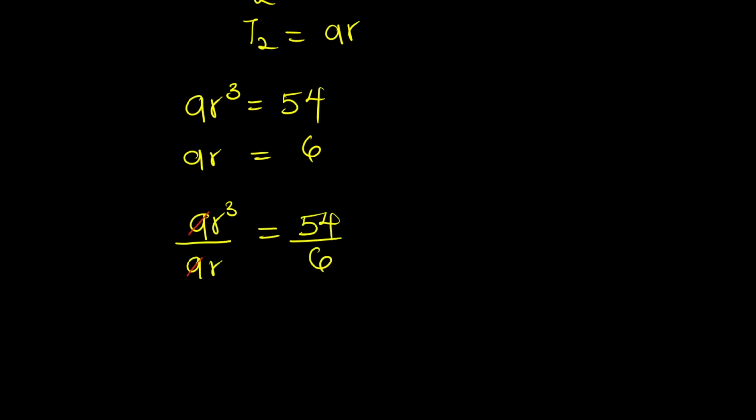This and this will cancel. Applying the laws of indices, we are going to have r raised to the power of 3 minus 1 will be equal to 9. Hence, r squared will be equal to 9. Therefore, our r will be equal to square root of 9, which is 3.